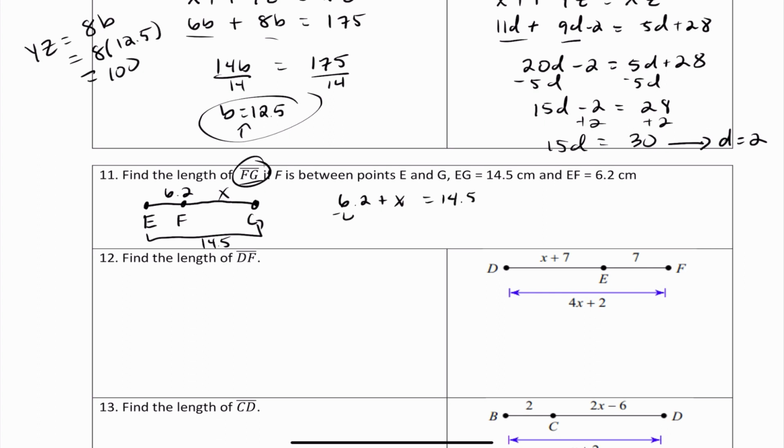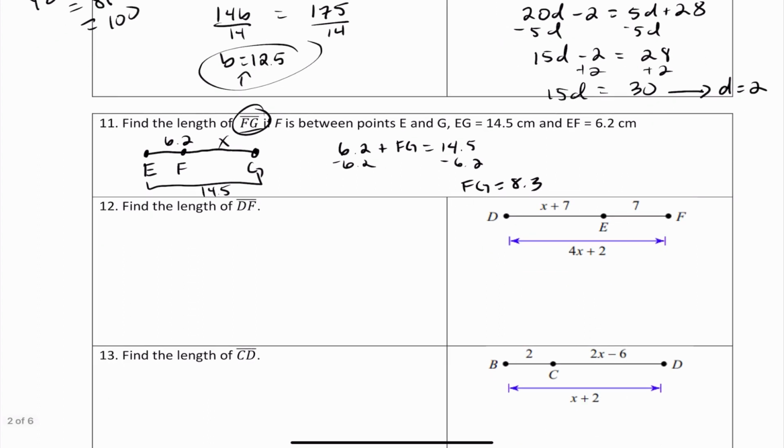Part plus part equals a whole. Subtract both sides by 6.2. You're going to get FG equals 8.3. And by the way, you don't necessarily have to call FG X. You can simply just solve for FG, and it works both ways. So just letting you know about that.